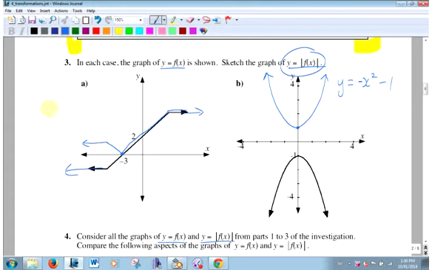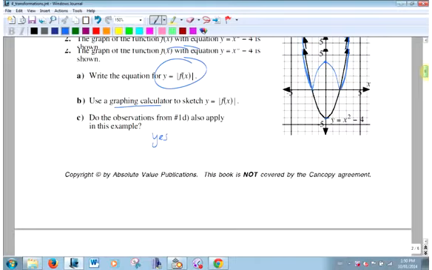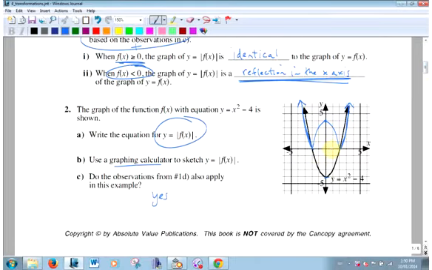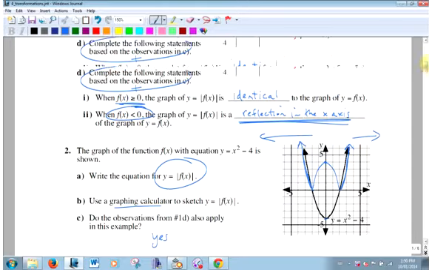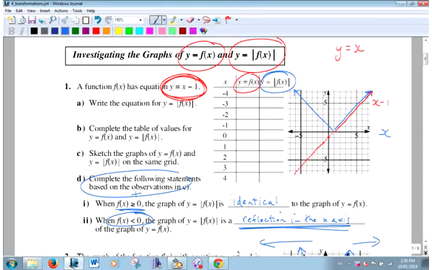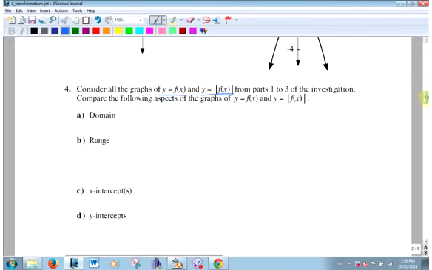If I take the absolute value of it, does it change? No. Still all real. X goes out forever in either direction. Can we come to some kind of conclusion? Domain: no change, it stays the same.